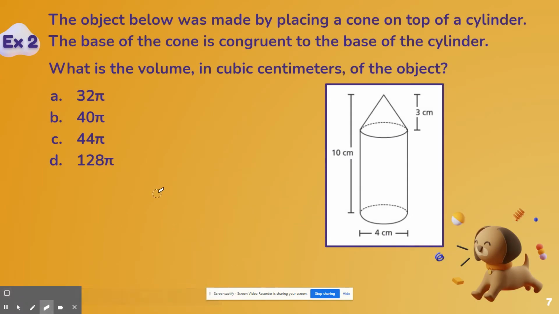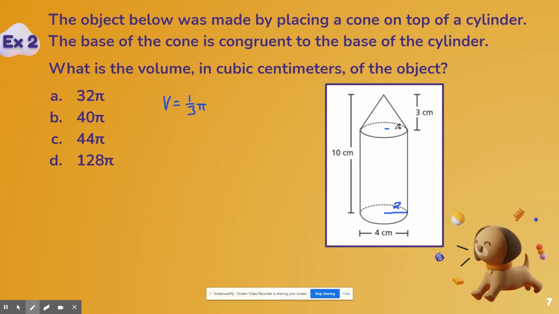Now, when we look at this next problem, you've got a cone right here and you've got a cylinder. Cones and cylinders are similar. So the volume for a cone is 1/3 times pi times the radius, in this case 4 all the way across, so halfway would be 2.